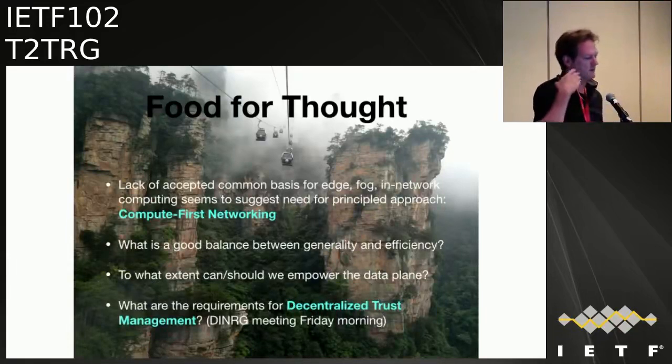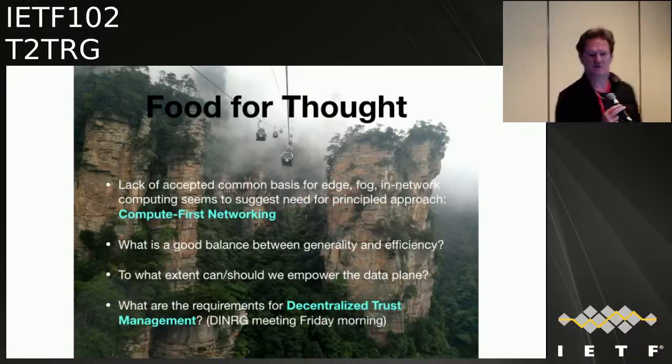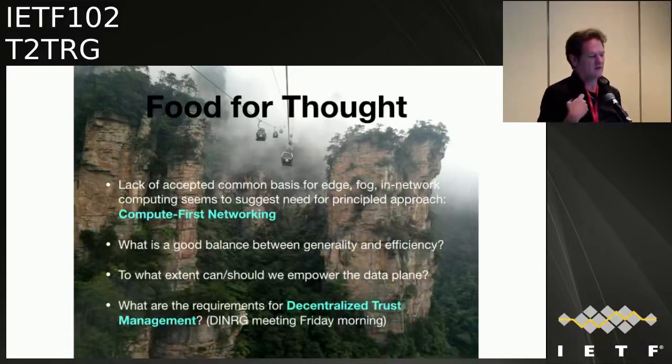Our thinking is, we're talking a lot about edge computing, fog computing, and so on. But if we're honest, there is no one accepted common basis for that. There are different white papers, some projects, and so on. But to me, there really seems a need for a more principled approach, especially if you think about this multi-tenant and really distributed idea.